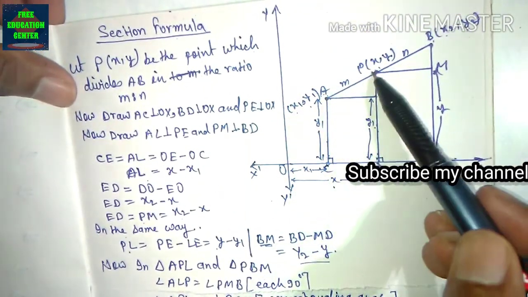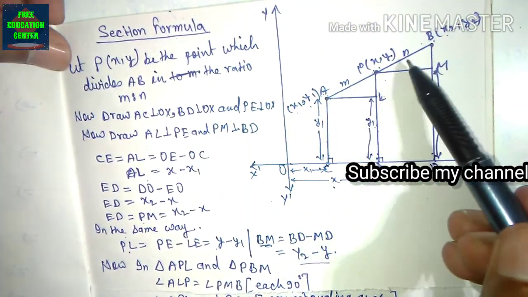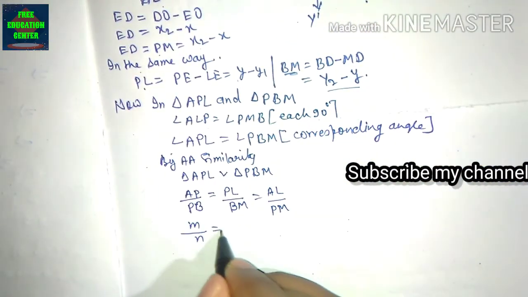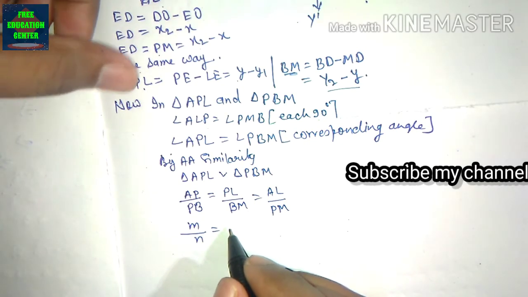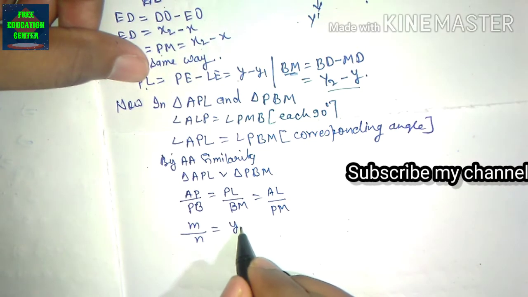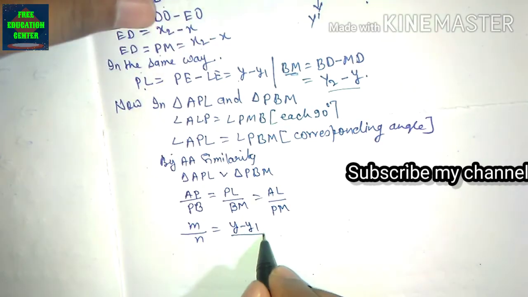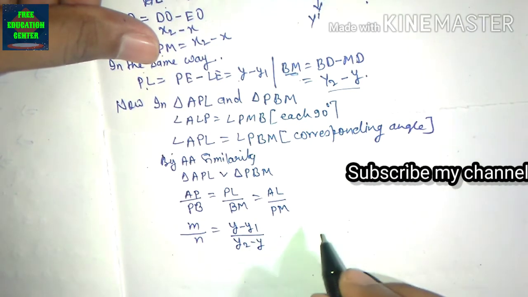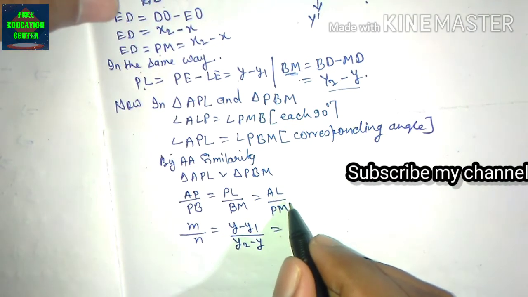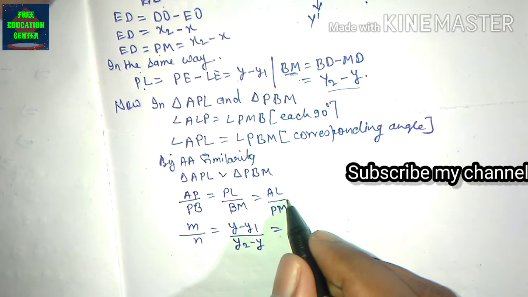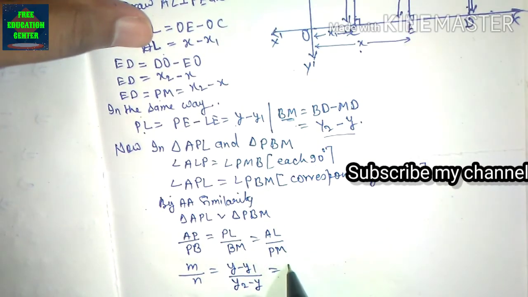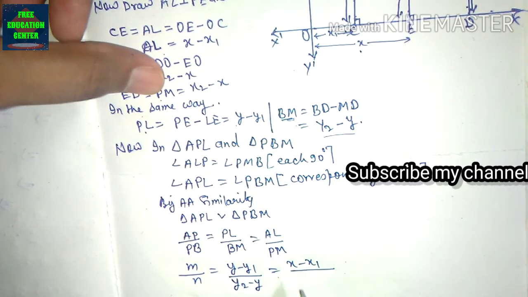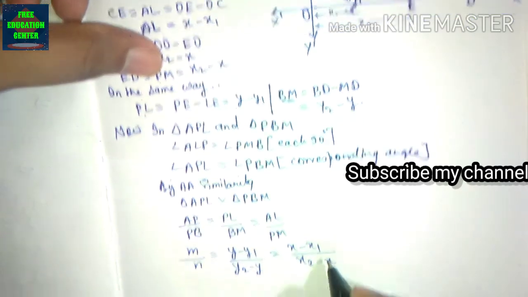Now AP by PB equals m is to n, and PL is y minus y1, and BM is y2 minus y, and this is AL, which is x minus x1, and PM, which is x2 minus x.